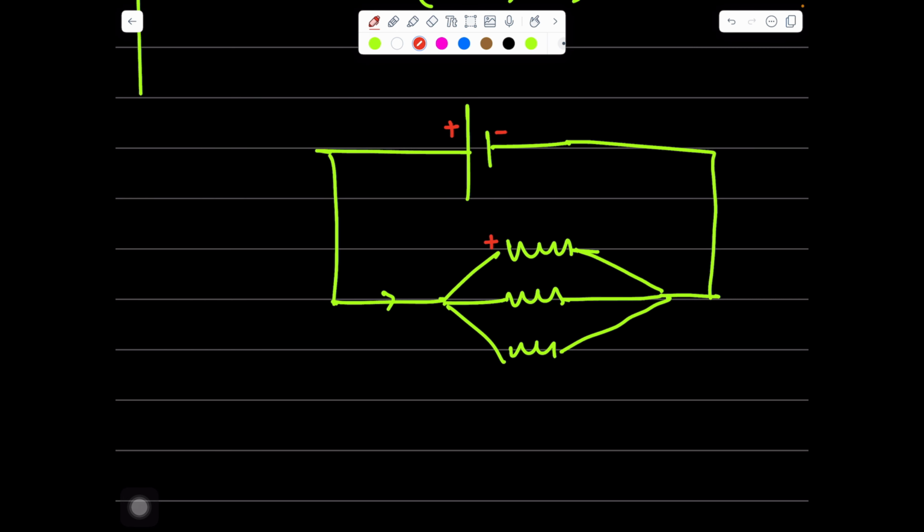So here is positive, positive, positive, and here is negative, negative, negative. Now tell me how A and B and C are connected. They are connecting like this. Yes or no? So A and B are positive, positive. Yes, this is called parallel.